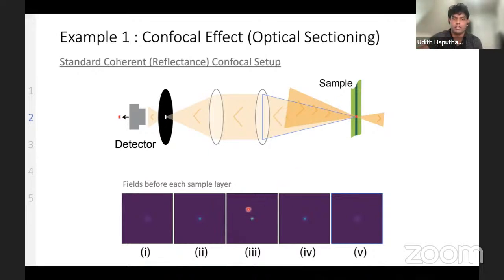Here is the field immediately before the middle plane of the sample, and you can see it is focused here. For this demonstration, we use a sample with 5 layers.